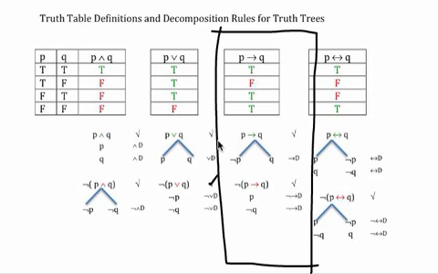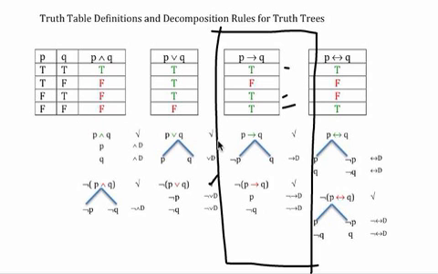There's only 1 way for the conditional to be false, and there are 3 different lines of the table where it ends up being true. So the rule for disjunction decomposition is going to branch, right? Because there's this line, and this line, these 3 lines here.